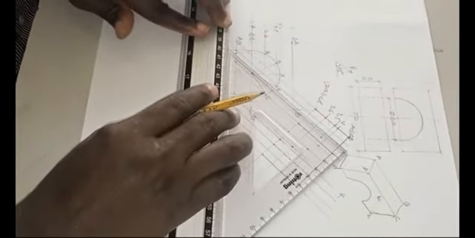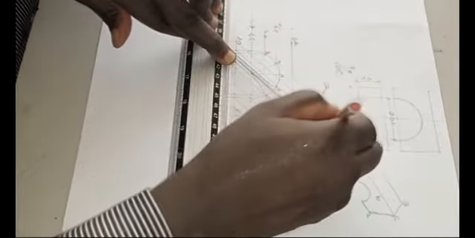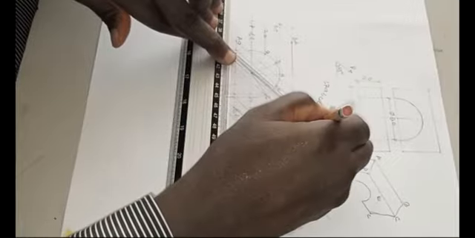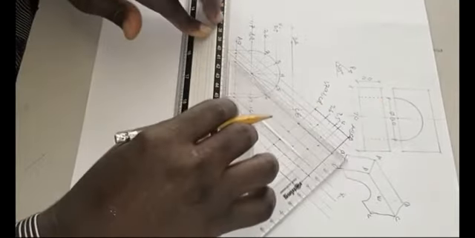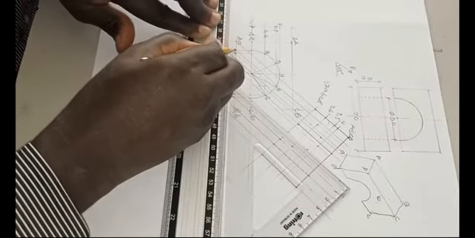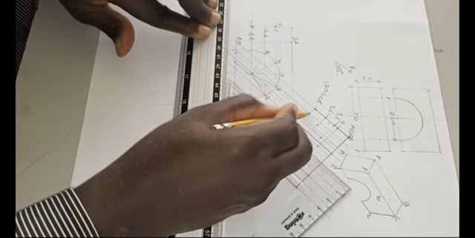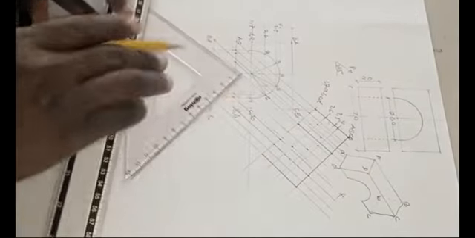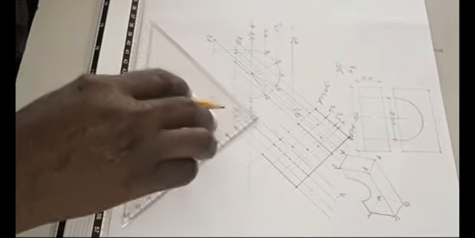So we take it at 45 degrees, and it is meeting 2 here. And finally 1 coming from here, and it's meeting 1 here. So we have the curve for the back, which will be a hidden line.